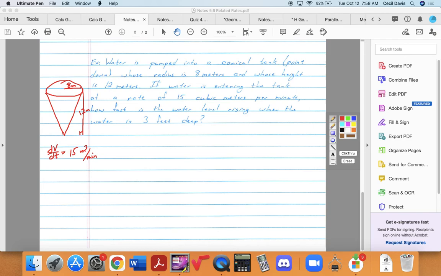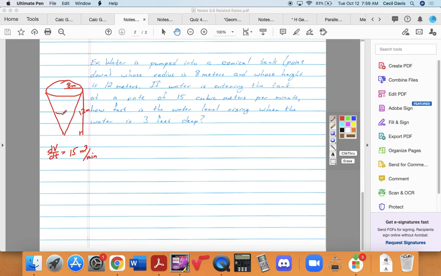Do you ever write dR/dt for rate? I don't, because it's like, the rate of what? There are several things that are rates. How fast is the water level rising? Oh, we don't have the water level in here.